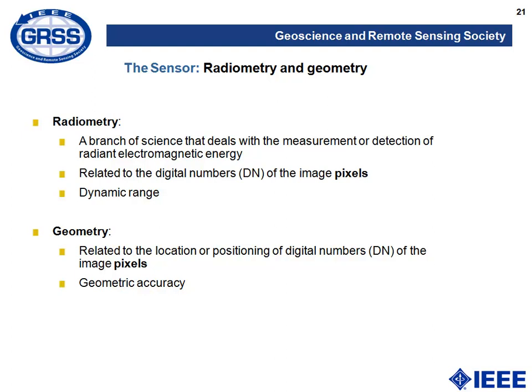It is expressed in terms of digital numbers, which represent pixels in the image formation, and the main characteristic is the dynamic range. In terms of geometry, we talk about the location or positioning of these digital numbers, and the main specification is the geometric accuracy.